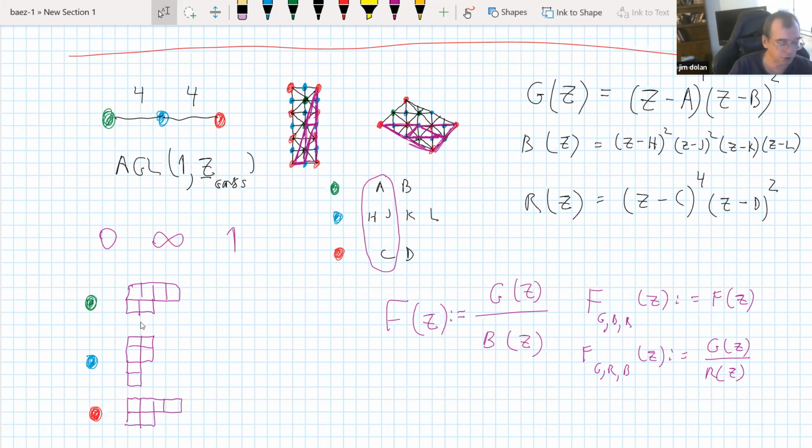There's the special fiber over 0, which is supposed to be shaped like this Young diagram. It's just supposed to be 2 values, but one of them is sort of weight 4, and the other one is weight 2. And the fiber over infinity is more like this blue Young diagram. That is, there's 4 separate ones, but 2 of them are double heavy and 2 of them are single heavy, et cetera, et cetera.